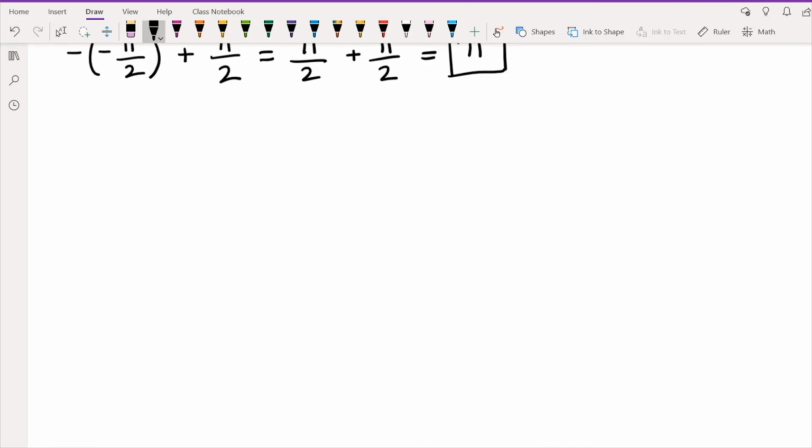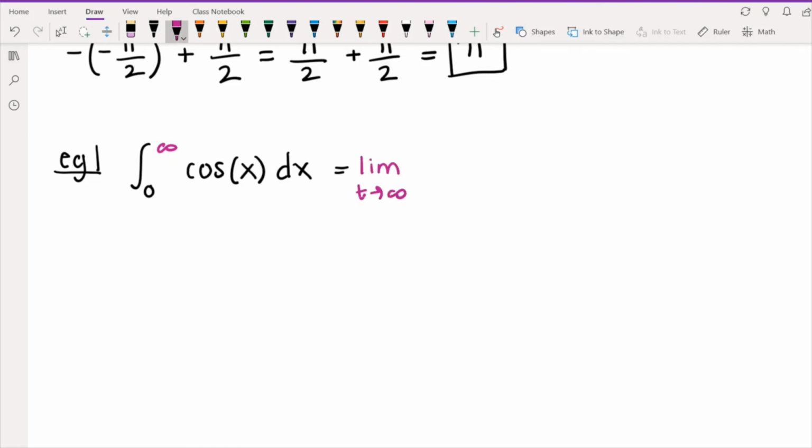Okay, I want to look at one more example that's a little bit different from some of the other ones. So let's say that you're trying to evaluate the integral from 0 to infinity of cosine of x. So we have to rewrite this as the limit as t approaches infinity of the integral from 0 to t of cosine of x dx.